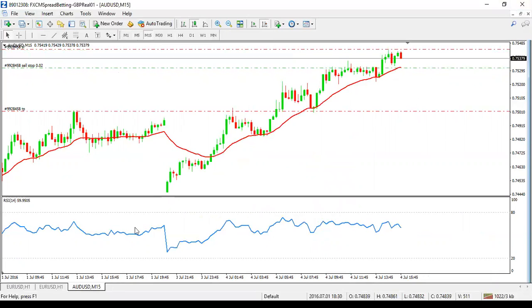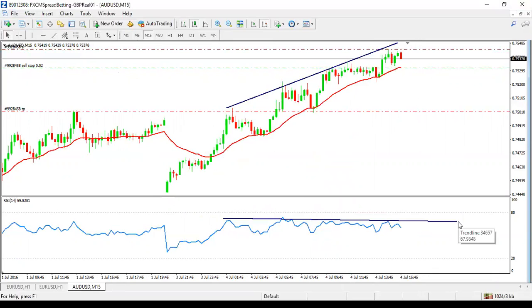Now you've got this massive uptrend. Clearly see that is a nice uptrend there. But the RSI, steady. Going down even. So that's what we call divergence, which I went over in the RSI lesson. So I've seen that. Seeing the uptrend, I believe this is going to fall at some point.